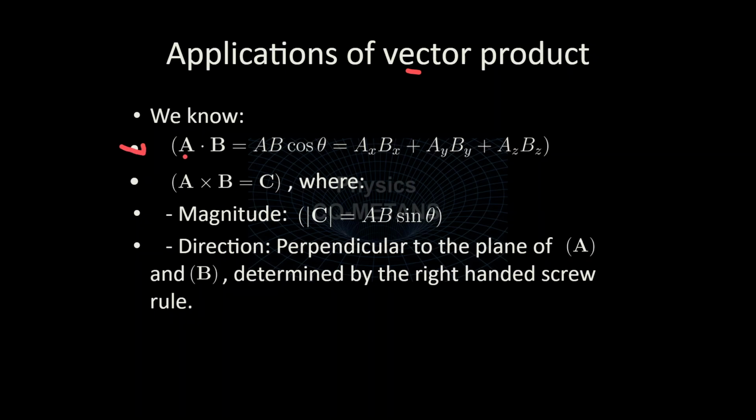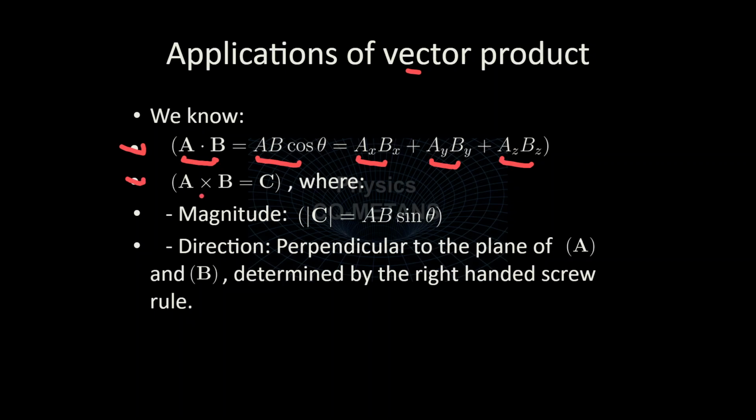If I have two vectors a and b, the scalar product or the dot product is represented as a dot b, and mathematically it is ab cos of the angle between a and b, or this a dot b is just multiplication of the components of a and b. So it is ax bx plus ay by plus az bz.